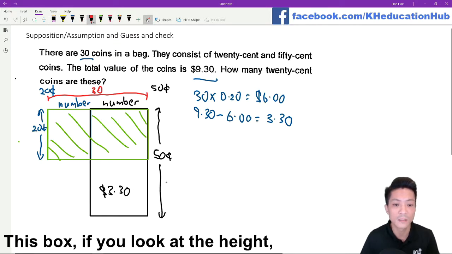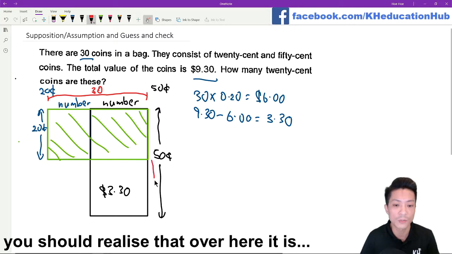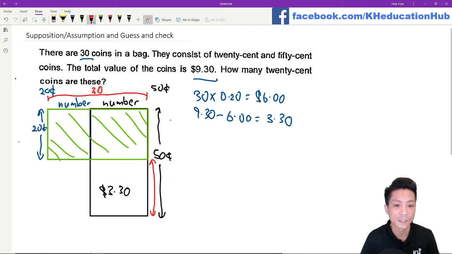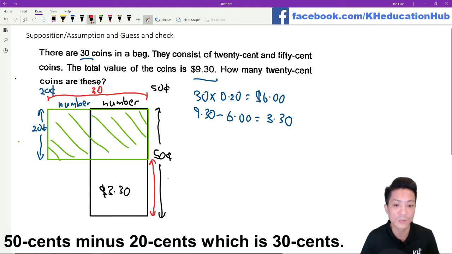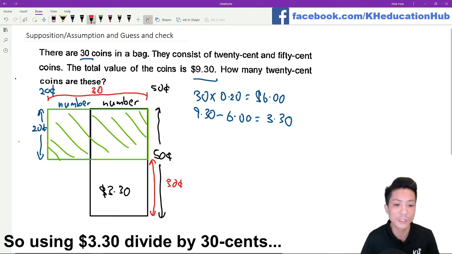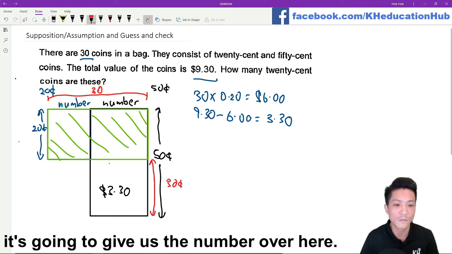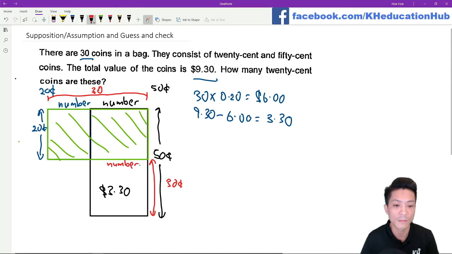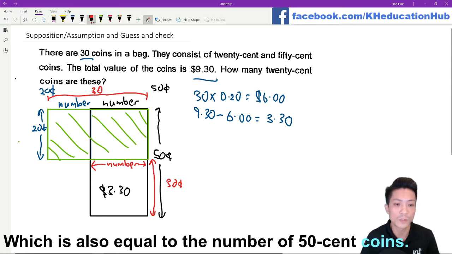And in this box, if you look at the height, you should realize that over here it is 50 cents minus 20 cents, which is 30 cents. So using $3.30 divided by 30 cents, it's going to give us the number over here, which is also equal to the number of 50-cent coins.